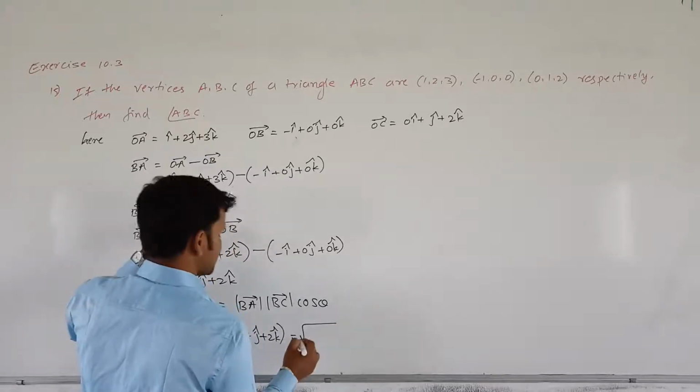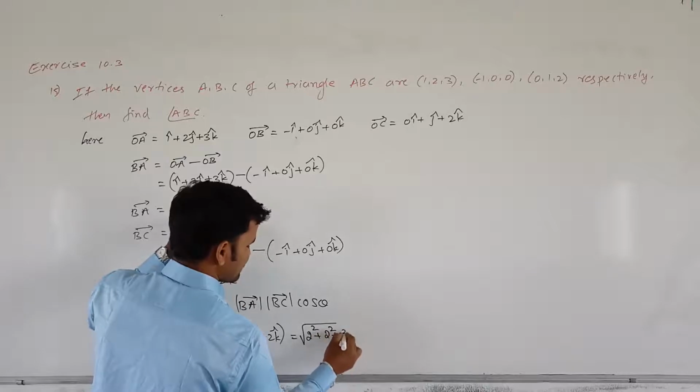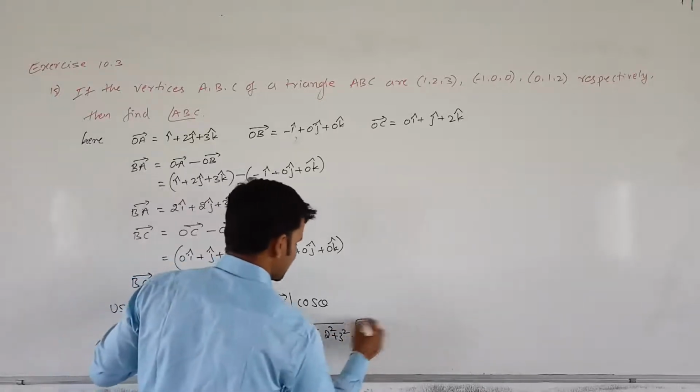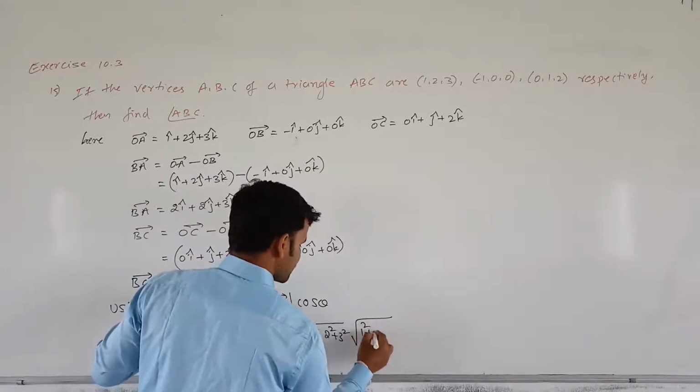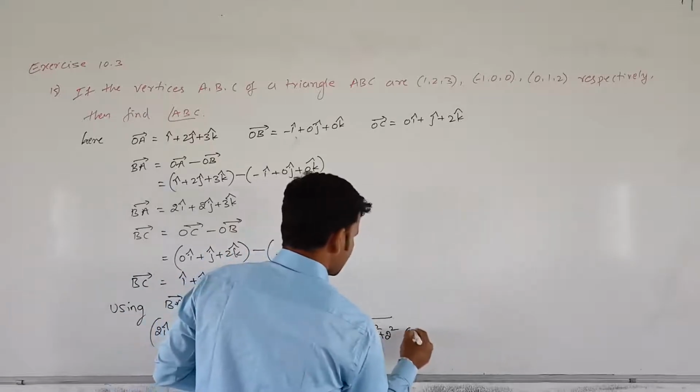Magnitude of vector BA is square root of 2 square plus 2 square plus 3 square, and then magnitude of vector BC is again square root of 1 square plus 1 square plus 2 square into that cos theta.